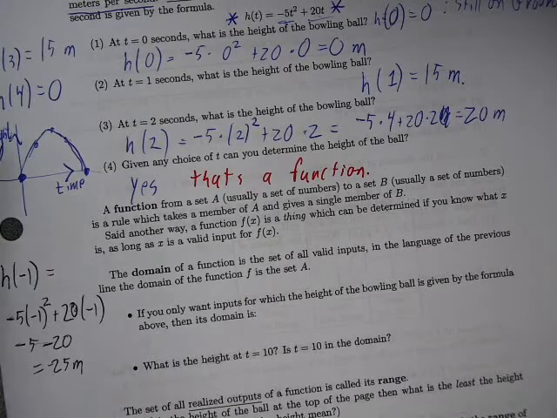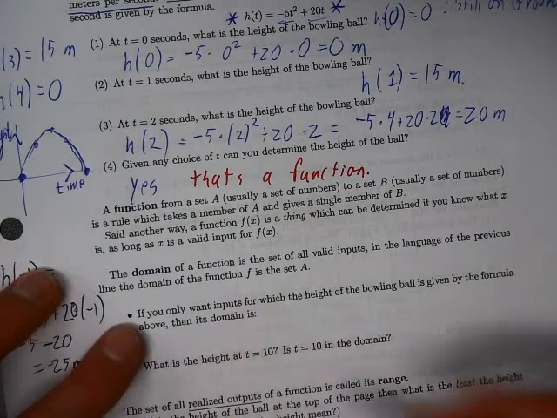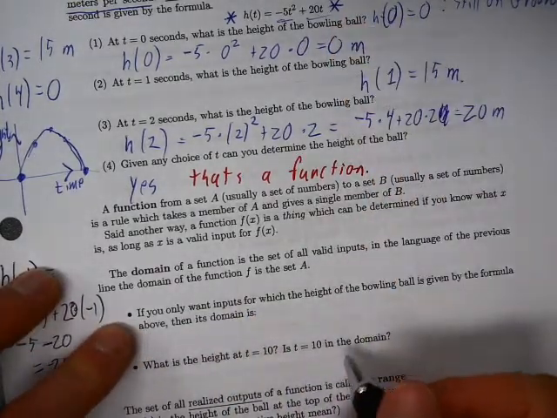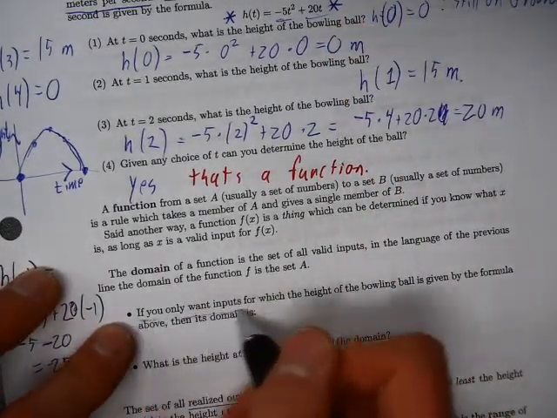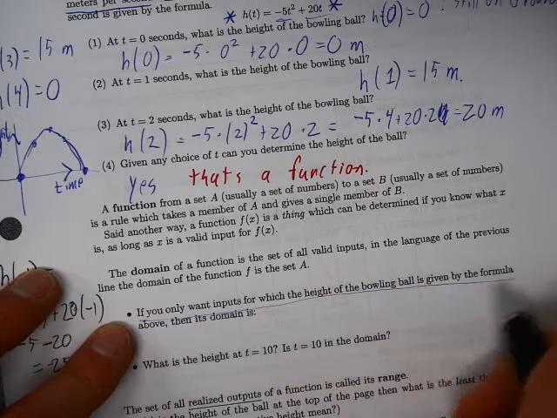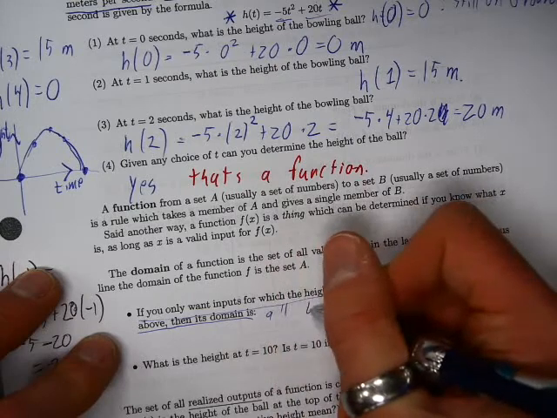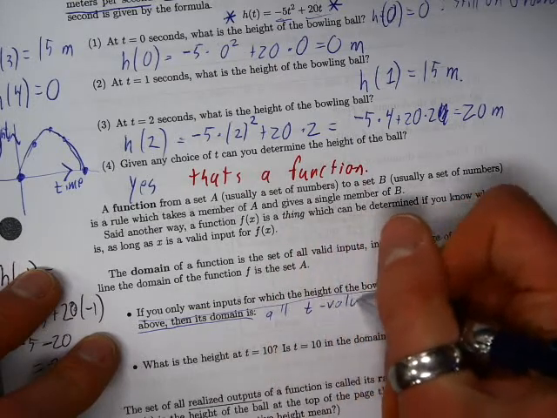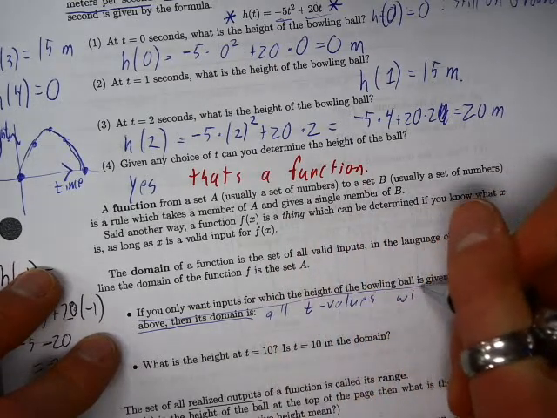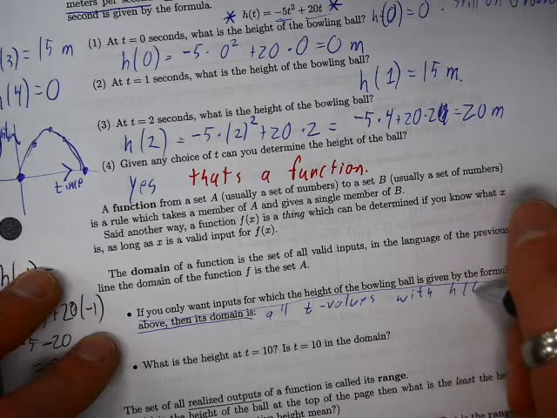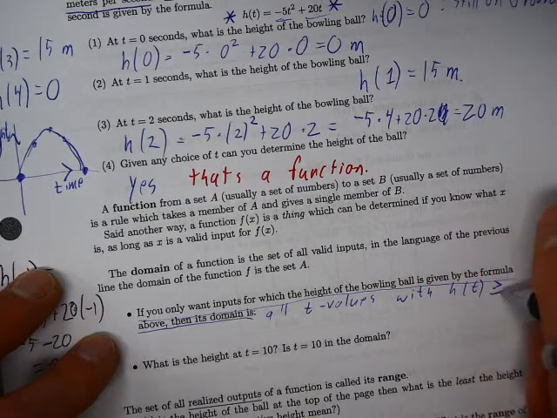So in this case, for this particular function, you should only consider inputs for which the height of the ball is given by the formula. So its domain will be all t values with h of t bigger than or equal to 0.